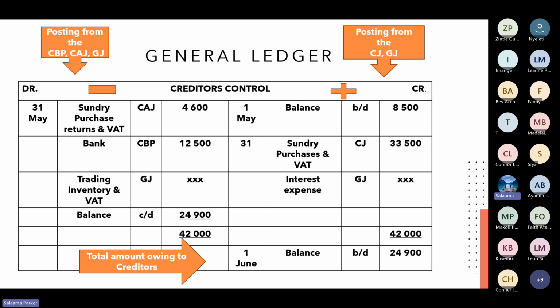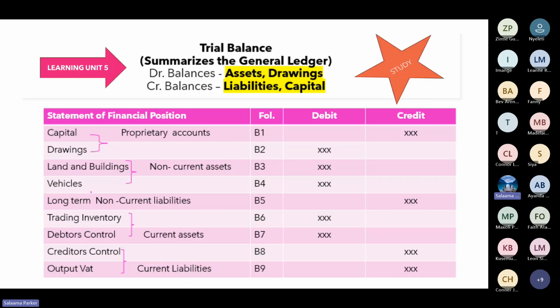Okay, right. So after the general ledger, step number 5, we had an answer earlier that someone told us that step number 5 is we need to prepare a trial balance. Okay, and I'm sure you all know the layout of a trial balance.